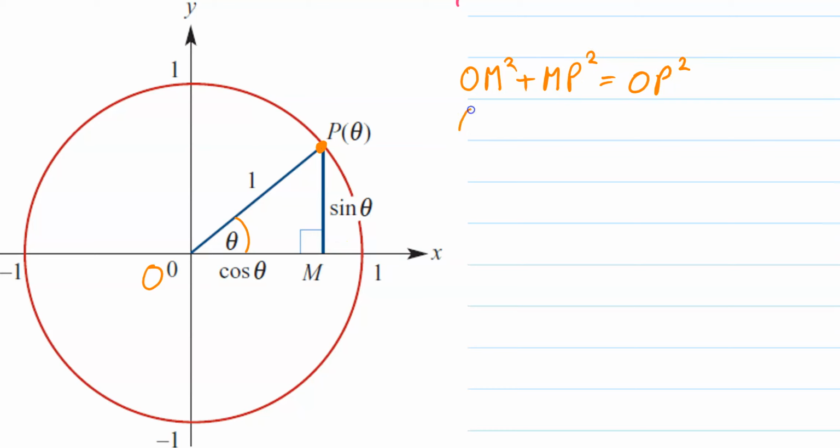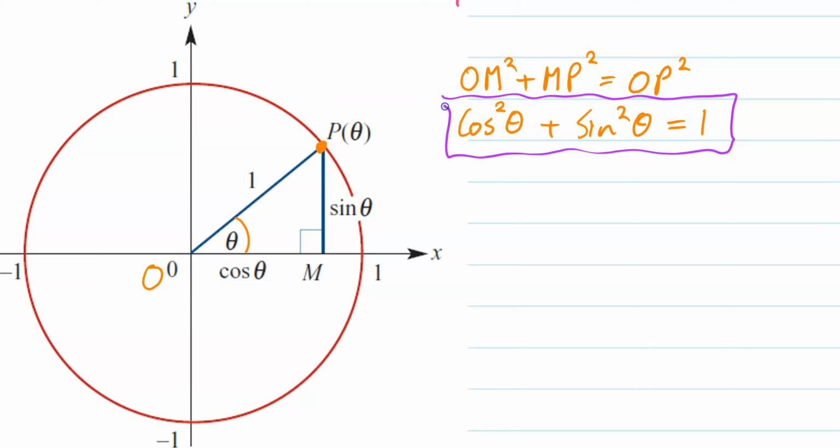OM is cos theta, so cos squared theta, plus this one is sine squared theta, because the length of that side is the height, which is sine. Then OP is 1, therefore 1 squared is 1. Hence, that's our relationship.